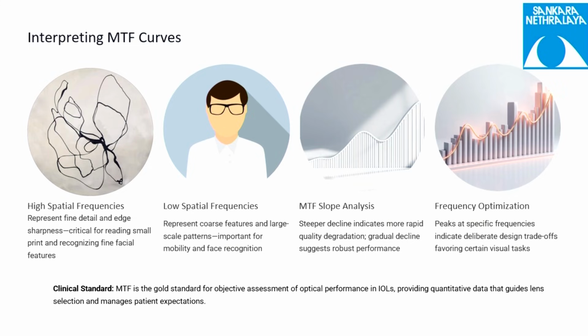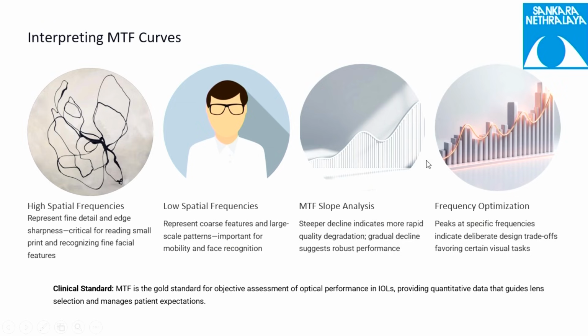Higher spatial frequencies represent finer details or sharpness, something which we probably need for reading smaller or finer prints, whereas low spatial frequencies are where we are focusing on coarse features. So whenever we talk about MTF or OTF, we are doing a frequency-based analysis in which we try and correlate these values with spatial frequencies.